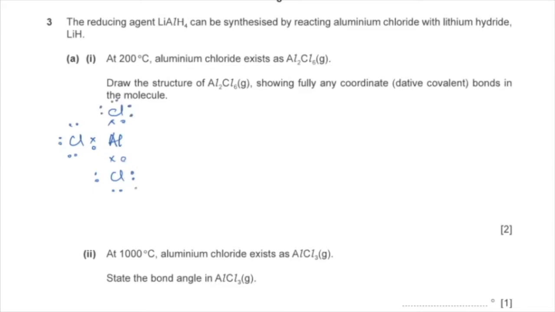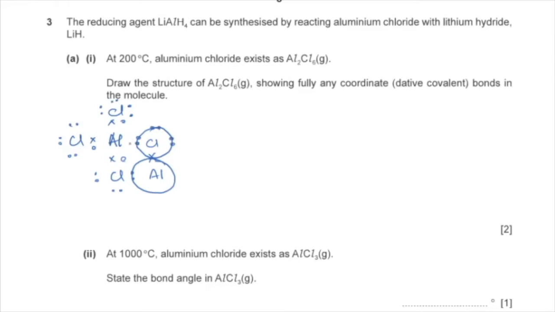This lone pair of electrons from this chlorine will be forming a dative bond with another aluminium atom, which shares each of its 3 electrons with other 3 chlorine atoms. Now this electron of aluminium will be shared with another chlorine atom that has 3 lone pairs of electrons.